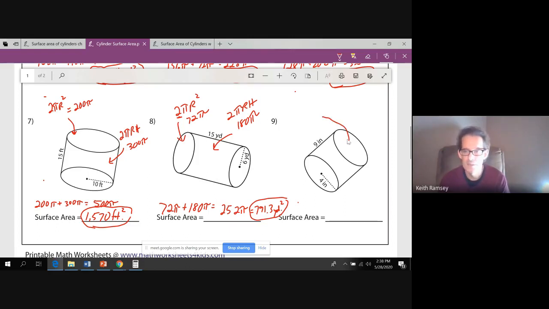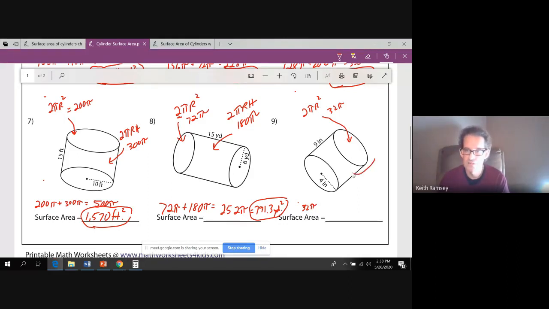So my top and bottom is 2 pi r squared. My radius is 4, so 4 times 4 is 16, times 2 is 32 pi. So I'm going to add 32 pi with the lateral surface.